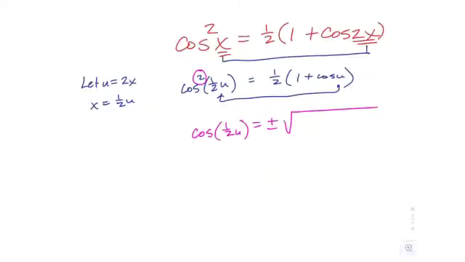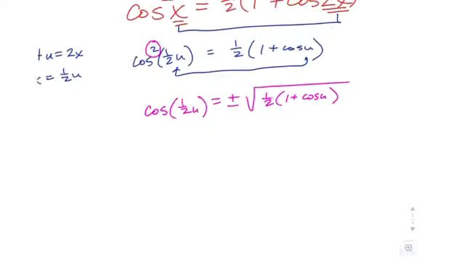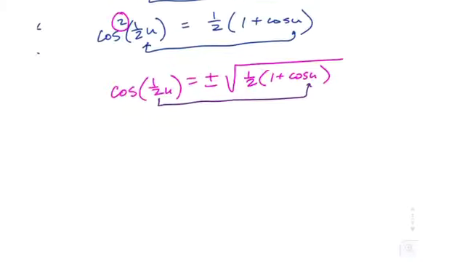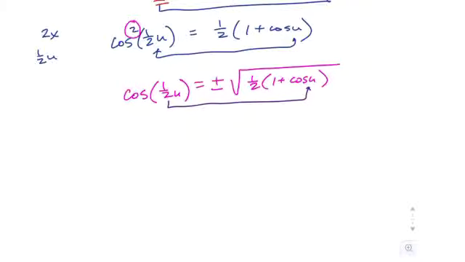And now at the end, because u is just an arbitrary variable, we can let any variable equal that, as long as the pattern is the same. The angle on the left is half as big as the angle on the right, or the angle on the right is twice as big as the angle on the left. So we could replace that back with x again if you want, without any loss of generality. That's 1/2 times 1 plus cosine x.